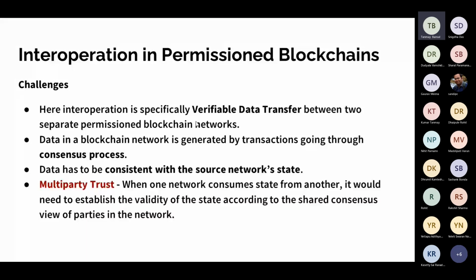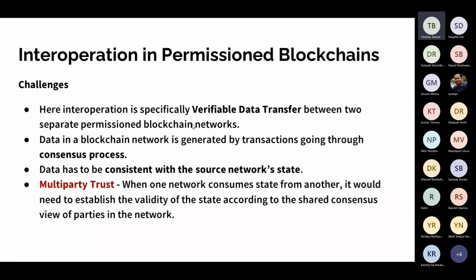They should be in a position to actually accept the data from the other network, because otherwise they would not know how much to trust. And there is no notion of trusting a centralized party, which is quite obvious in the context of blockchains. So the data should be consistent with the source network's state, because that is going to change all the time. It is important that whatever is transferred to the target network is consistent with the source network state.